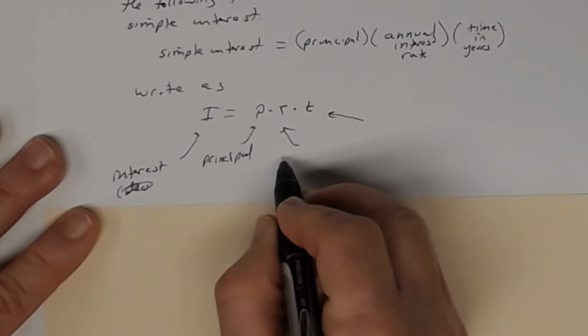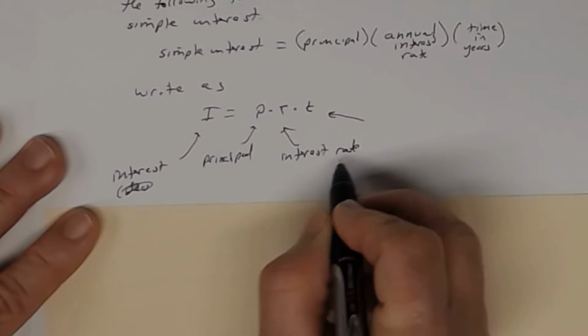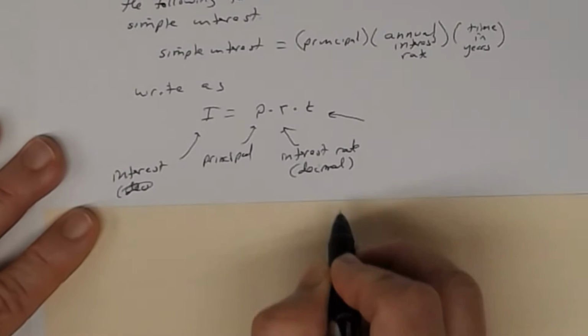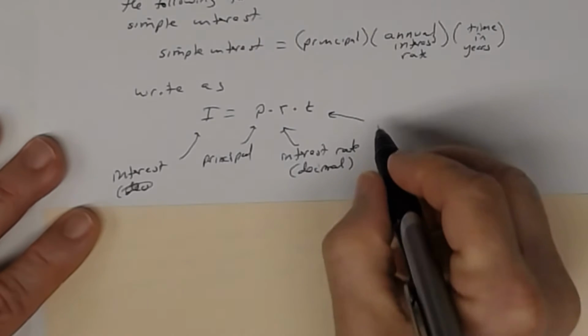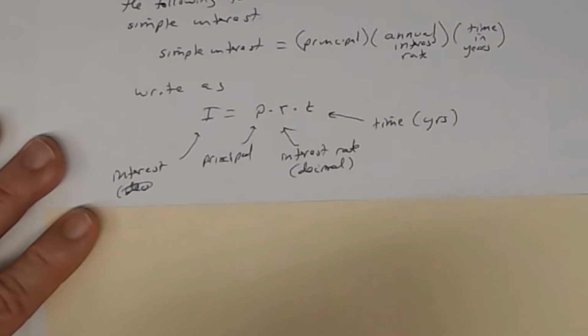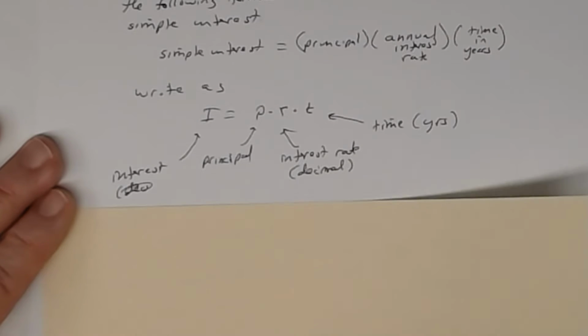R is the rate, the interest rate, and you always want to write that as a decimal. And T is the time, and remember, it must always be in years. So that's the simple interest formula: interest equals principal times rate times time.